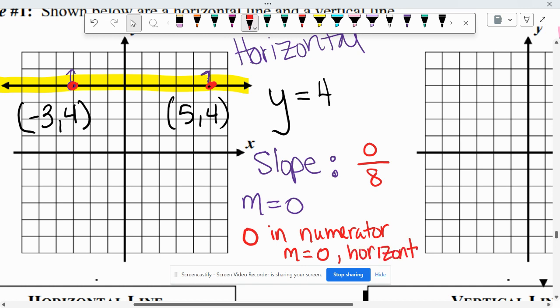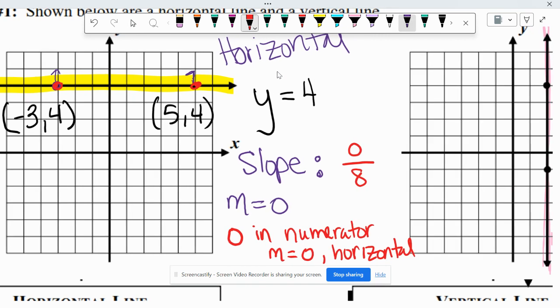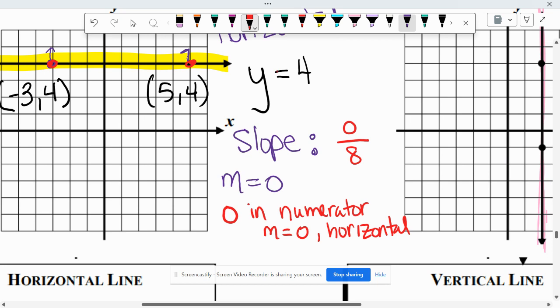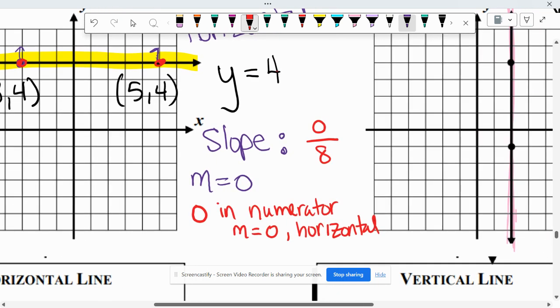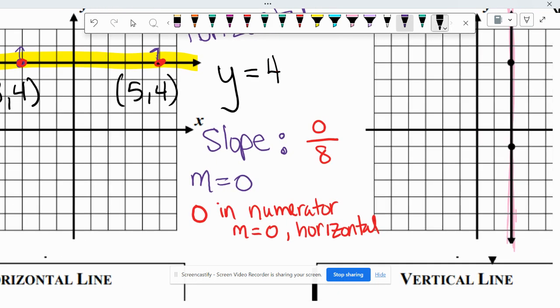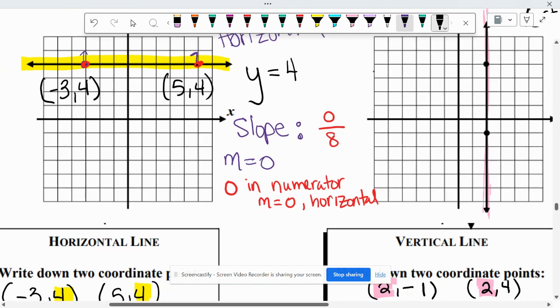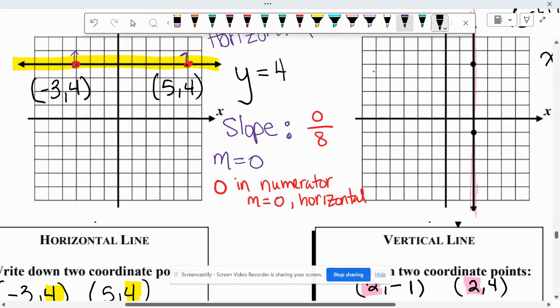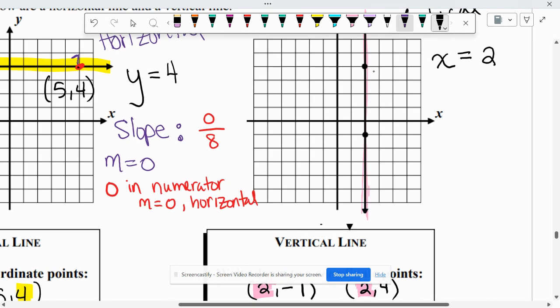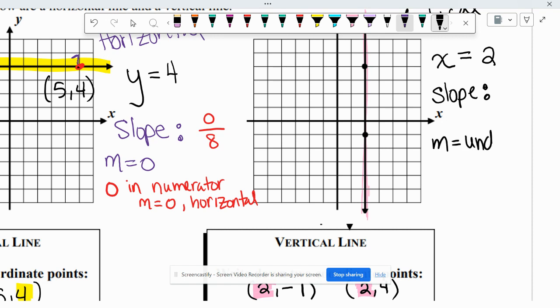So if it was vertical, you can only rise, right? Yeah, so let's look at that. I want everyone to write that down because that's important. So for the slope of a vertical line, I heard you guys say that the slope of a vertical line is undefined, and I want to talk about that.